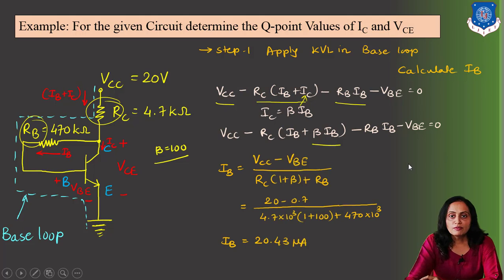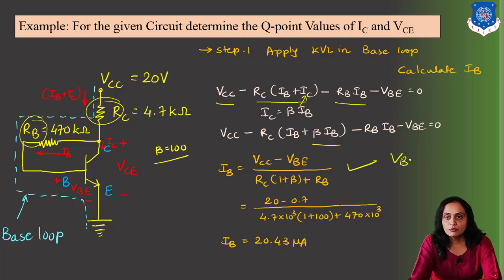Now we will make IB the subject, and we will get this equation, that is VCC minus VBE divided by RC into 1 plus beta plus RB. Now putting the values of all these terms, VCC is 20 volt. The base to emitter junction is forward biased, and considering a silicon transistor, we will put VBE equal to 0.7 volt.